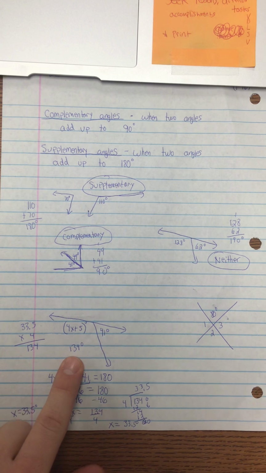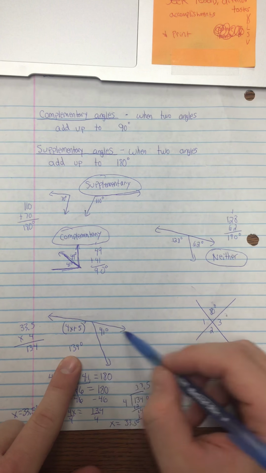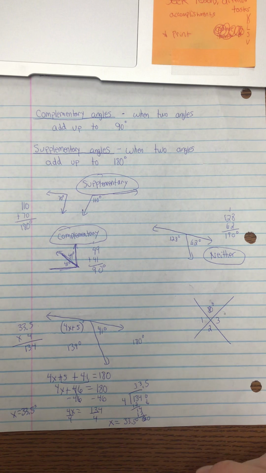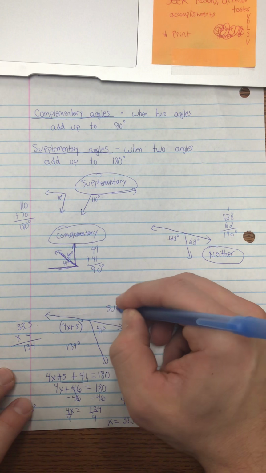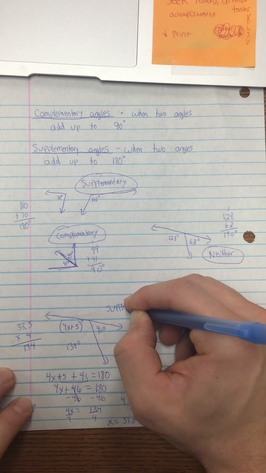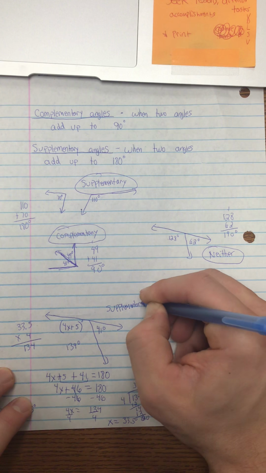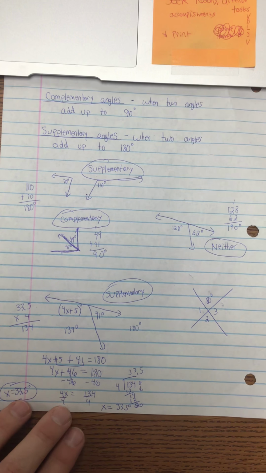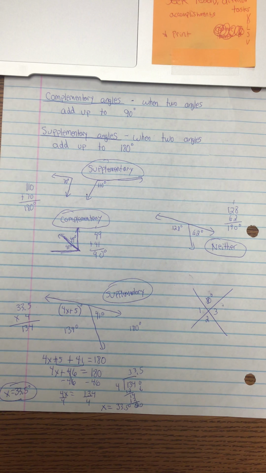So this angle is 139, and this angle is 41. If I add those together, I do get 180. Okay, so these are supplementary, and x was 33 and a half degrees. So both of those are my answers, okay?